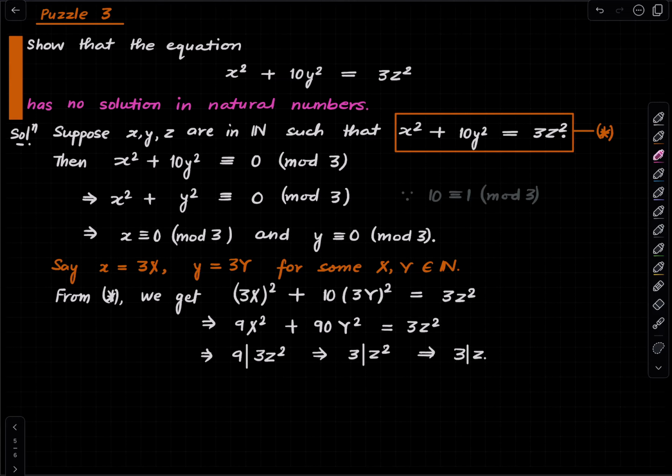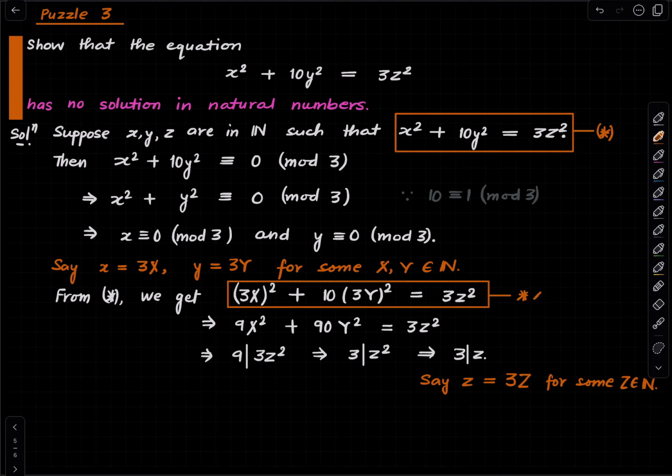So therefore, we can say that little z is 3 times capital Z for some natural number Z. Alright? So from double star, or maybe I'll call the lower one as double star, that's more convenient.